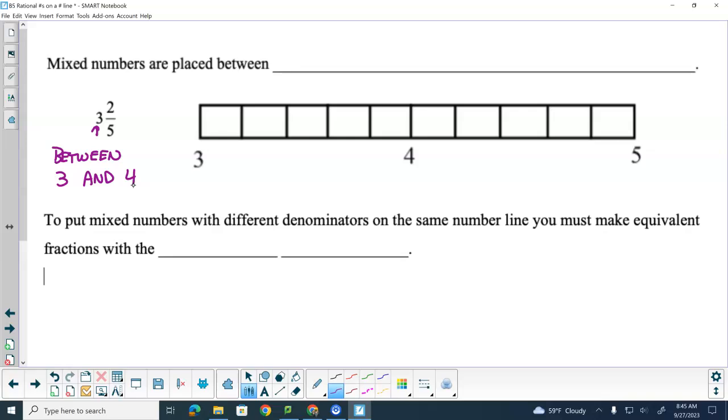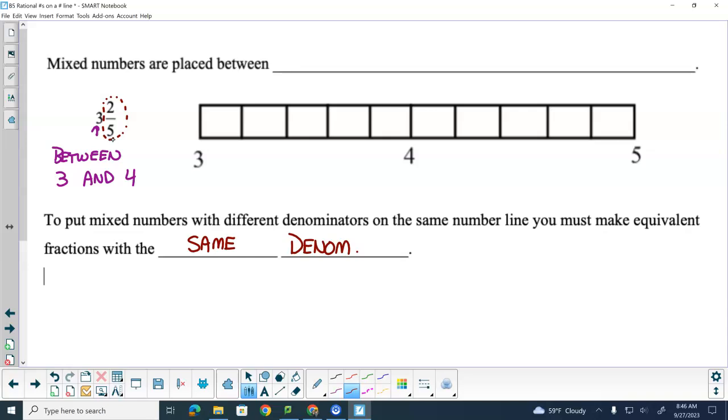Same thing, we've got to have the same denominator. But here's the cool part too. We only need to make an equivalent fraction of the fraction part. That's all we've got to make an equivalent fraction of. So mixed numbers are going to be between the whole number and the next highest number.